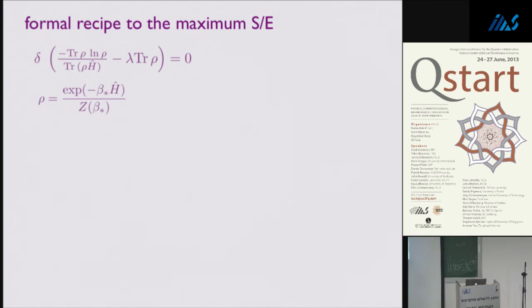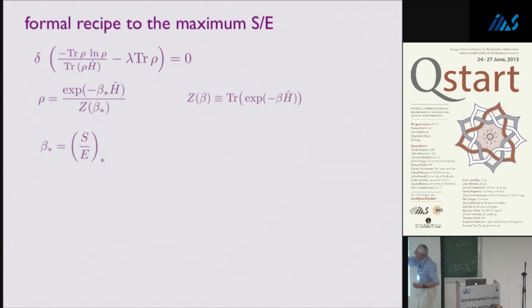Lambda is, of course, the Lagrange multiplier, and you get an expression like that, again a canonical distribution, except that it's a very specific inverse temperature, beta star, and Z is, of course, the partition function.